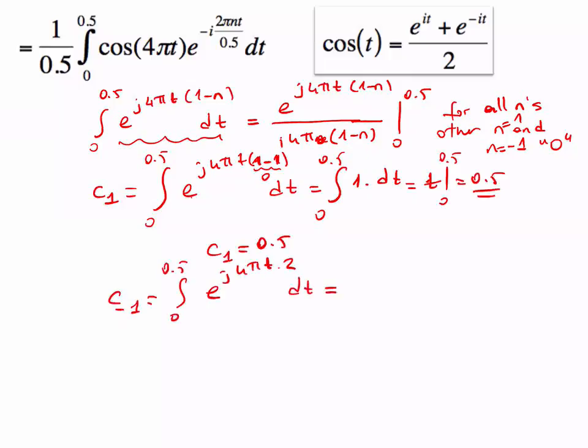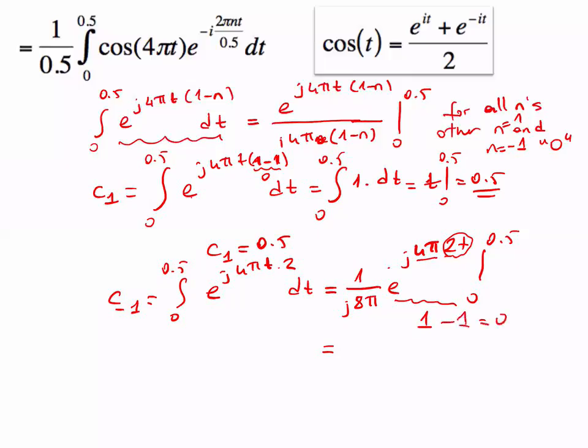It will be 1 over j 8 pi, e to the power j 4 pi 2t from 0 to 0.5, and again this will be 1, and this will be e to the power j 4 pi. e to the power j 4 pi is always 1, and 1 minus 1 is always equal to 0.